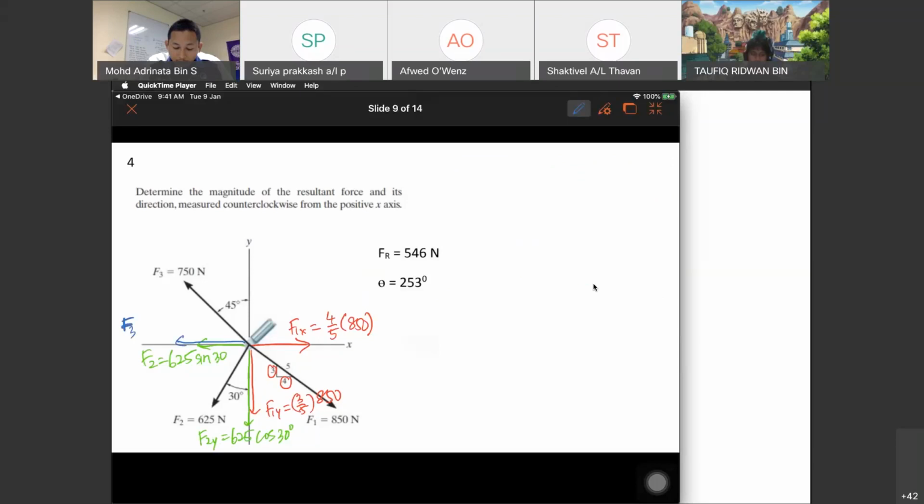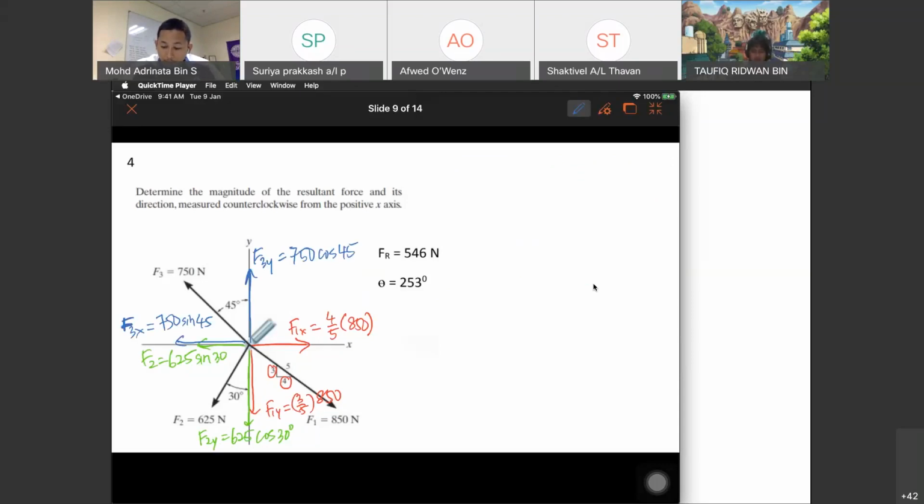Finally, we have F3x equals 750 sine 45, and F3y equals 750 cosine 45.